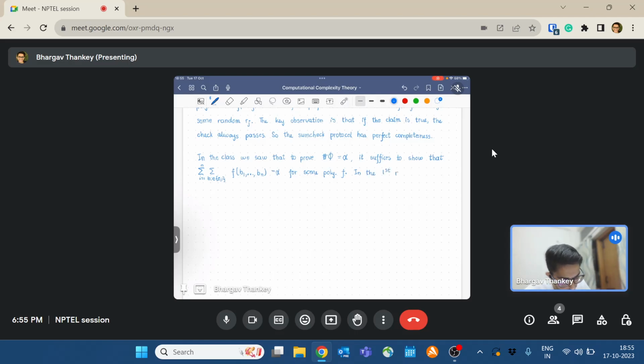In the first round, the prover sends g, which is supposed to be exactly this, but now the sum is from 2 to n.